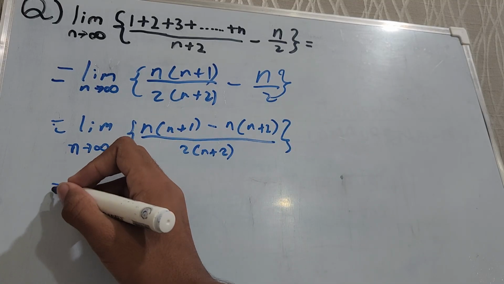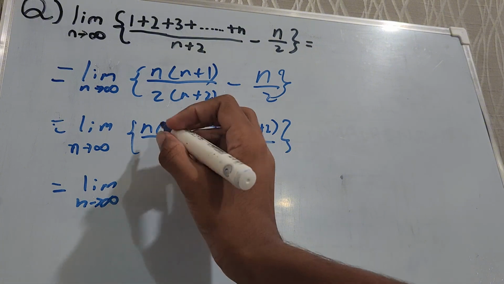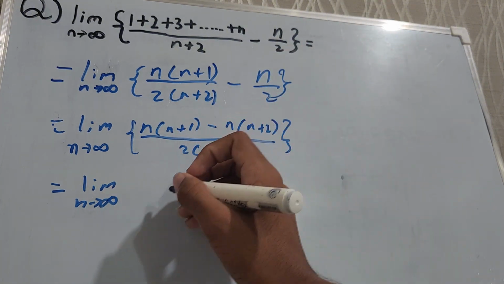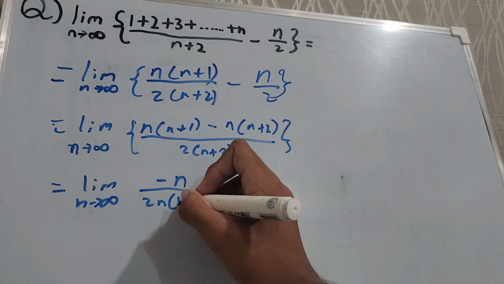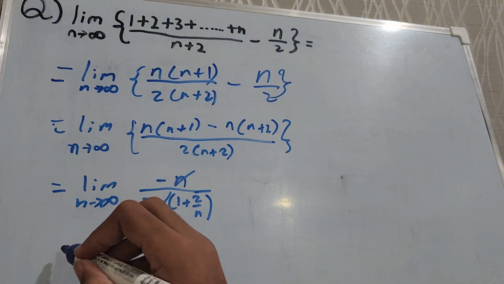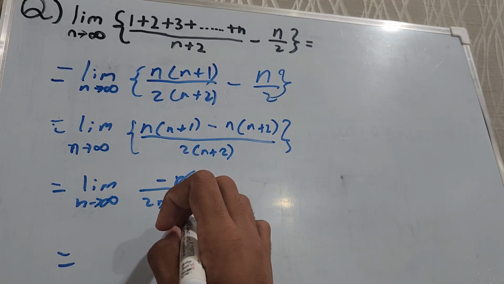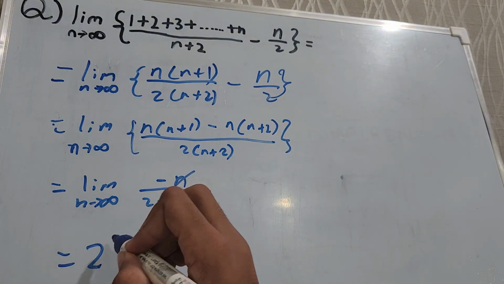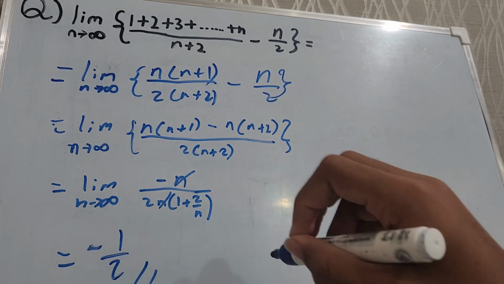Which is equal to limit n tends to infinity of n square minus n square cancel, n minus 2n minus n by 2n, you take common, 1 plus 2 by n. These two cancel, which is equal to, substituting, 1 plus something by n, n is infinity so it is 0, which is equal to minus 1 by 2, right? We have minus on top, so minus 1 by 2. So that's the answer for this question.